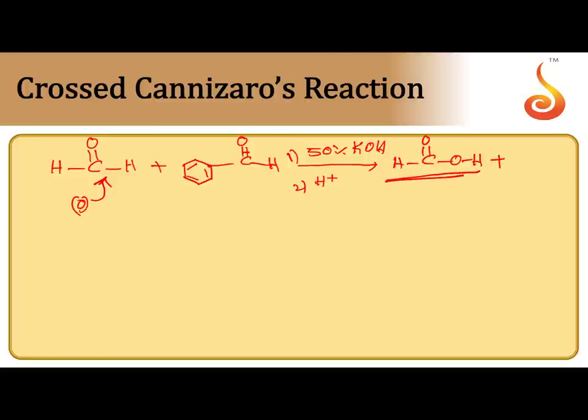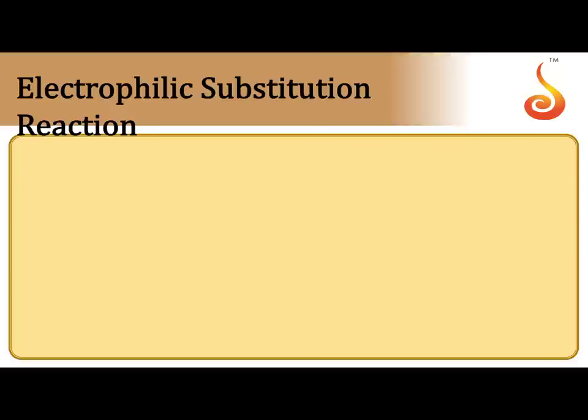You can get the carboxylic acid, formic acid. And in benzaldehyde, you break the C=O pi bond and attach hydrogen to oxygen and hydrogen to carbon. This is benzyl alcohol. So when a mixture of two different aldehydes without alpha hydrogen is taken, the smaller one undergoes oxidation, the other, bulkier one, undergoes reduction.